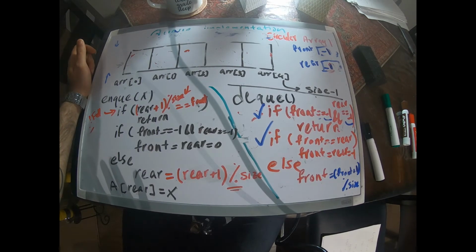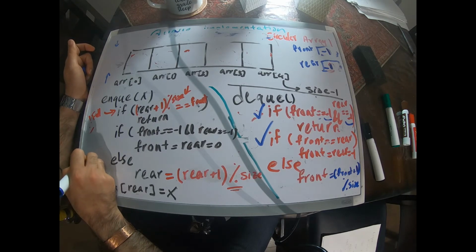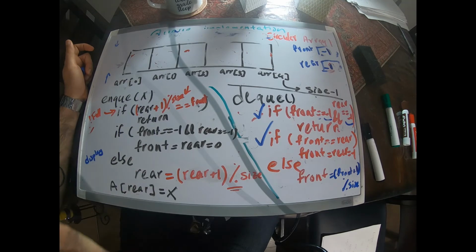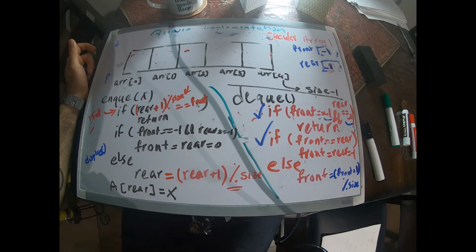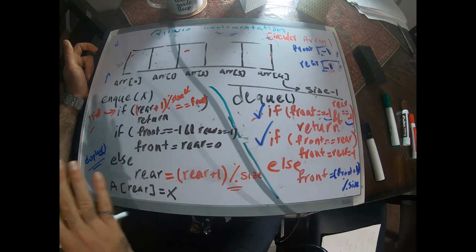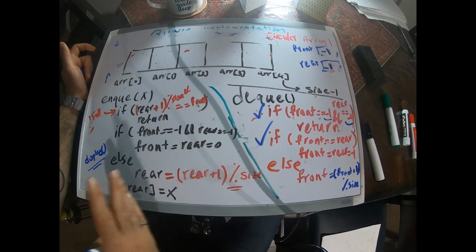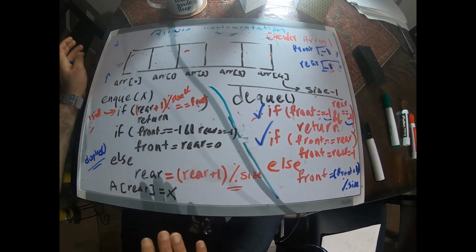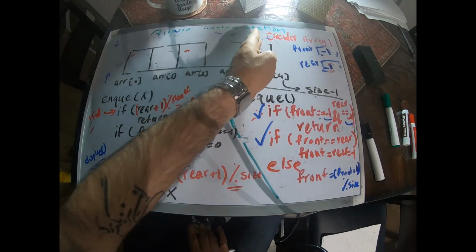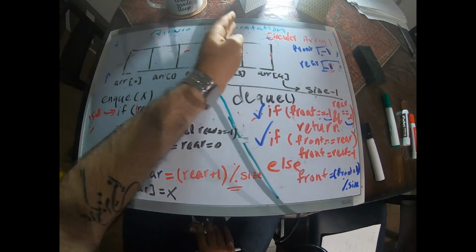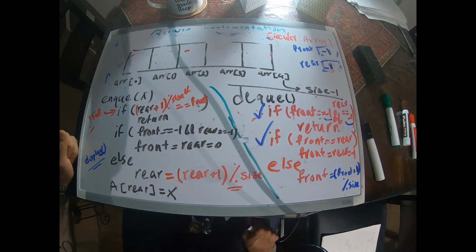Okay. One thing I want you guys to practice is write a display function that would display all the numbers in the queue. Okay, so if that's the case, just remember that we have to write a loop to go from the front of the array to the rear of the array, and we print all the elements of the array, right?